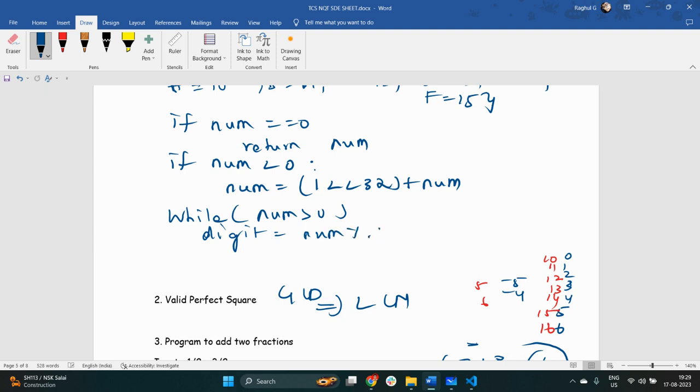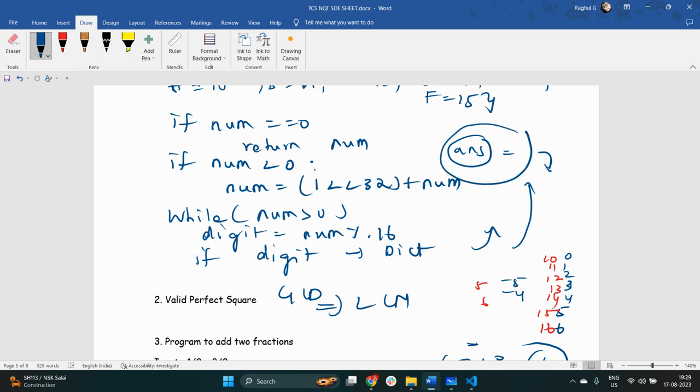I'm going to find the remainder when I divide by 16, and if the digit is present inside the dictionary, then I'm supposed to append it to the answer string. Else I'll append the digit directly. And finally, while returning it, I'm supposed to reverse the string and return the answer. Clear, guys?